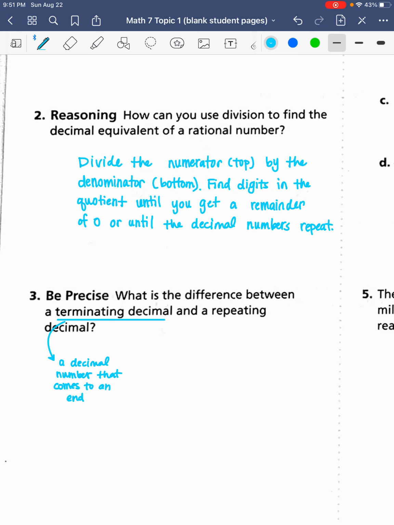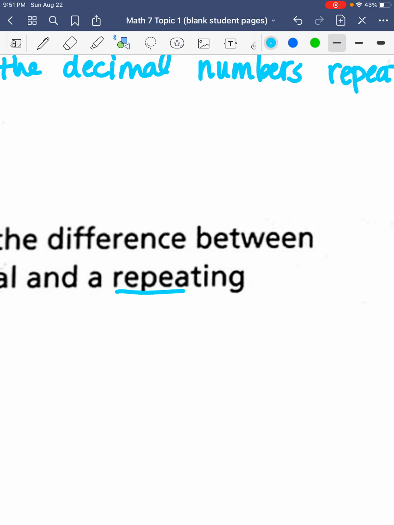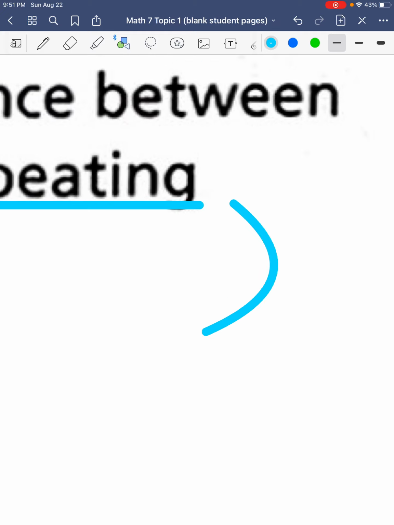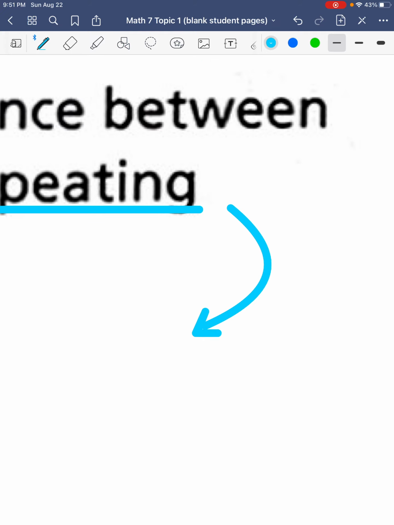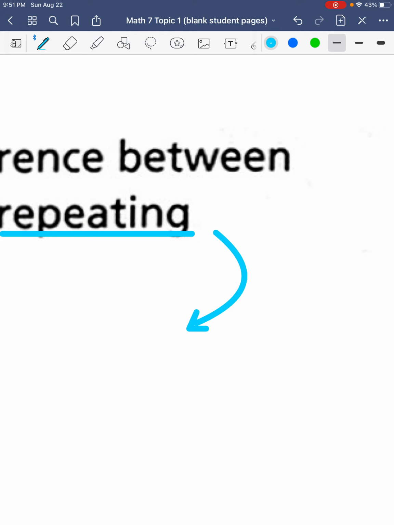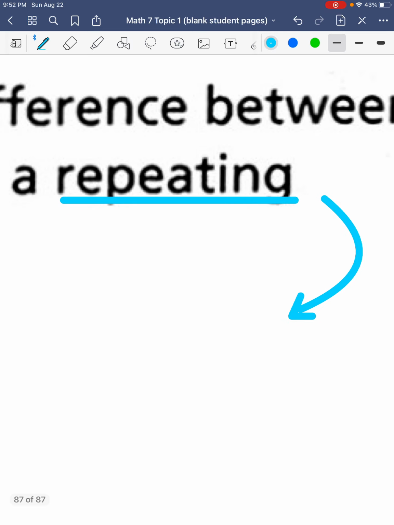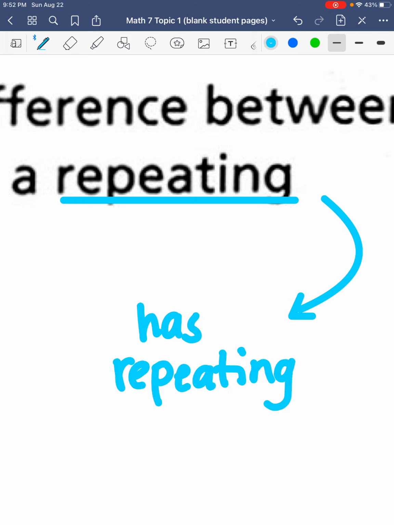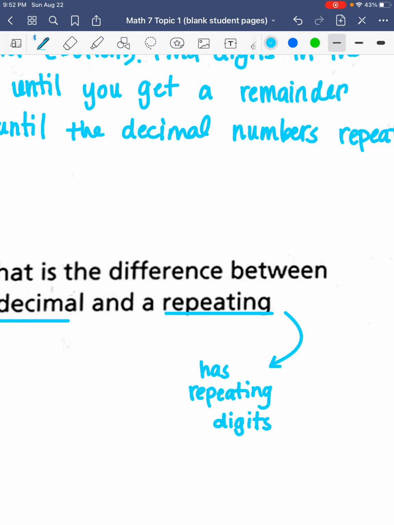Now let's talk about a repeating decimal. Okay, so a decimal that repeats has repeating digits. That means one or more digits keeps showing up in the same order or in the same pattern. The digits repeat.